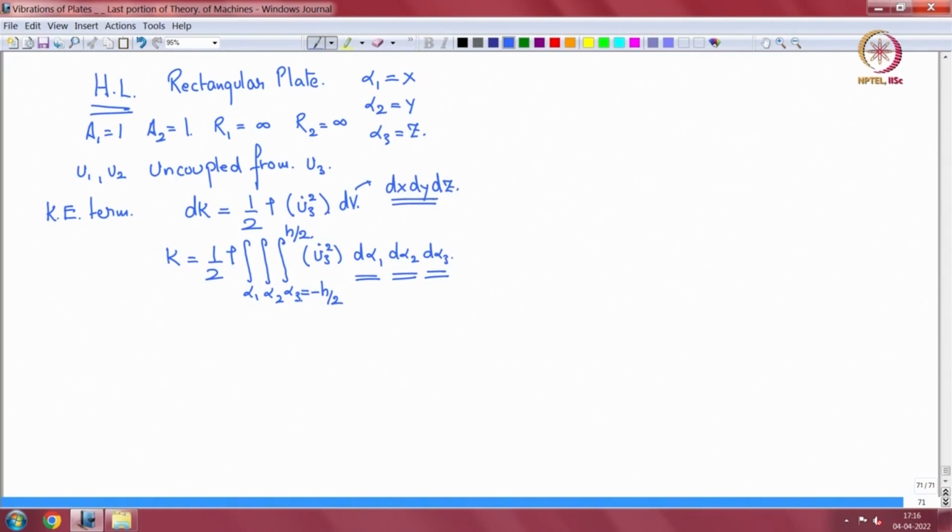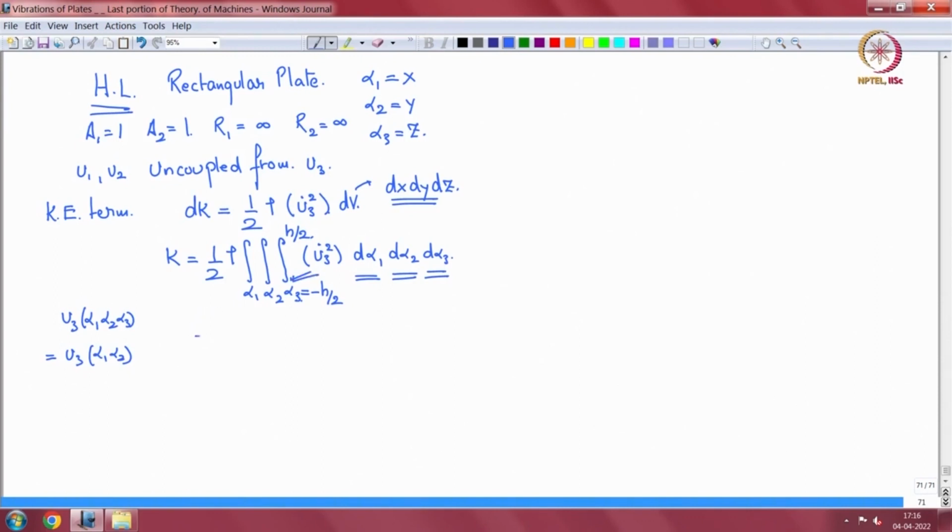Now from our Love's assumption, u3, which is a function of alpha 1, alpha 2, alpha 3, what did we write? We said it is u3 of alpha 1, alpha 2. There is no alpha 3 dependence. So this alpha 3 integral will give me an h outside.